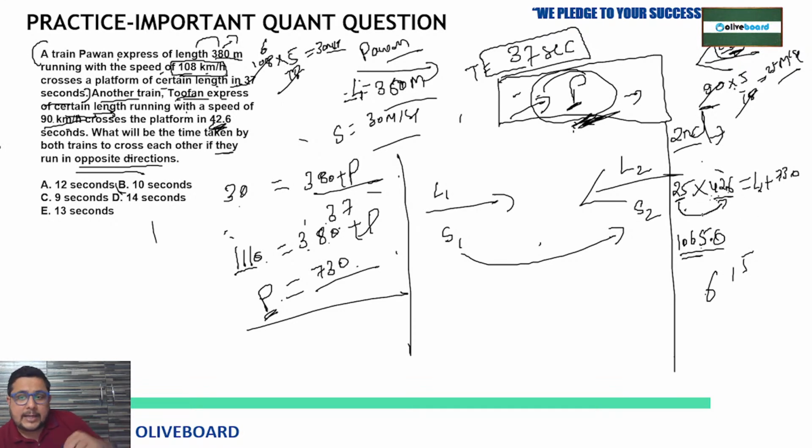Is there any other way, a shortcut, which you can apply? Just focus on that. 25 multiply 42.6. Just break this 42.6, because it is a decimal value, in three parts.